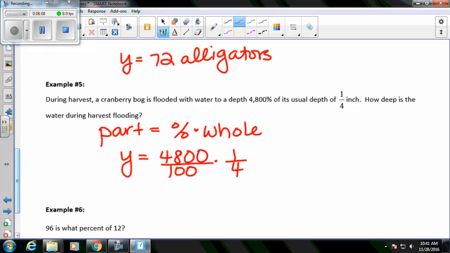Oh, a fraction to deal with. Let's do my simplification, and this will be a piece of cake. That's completely gone. 4,800 divided by 100 is 48. And 4 goes into 48 12 times. Okay? So I have 12 times 1 is just 12. And my unit was inches.